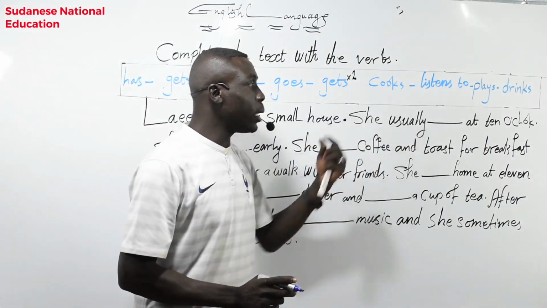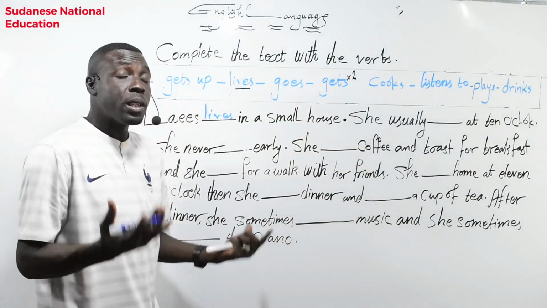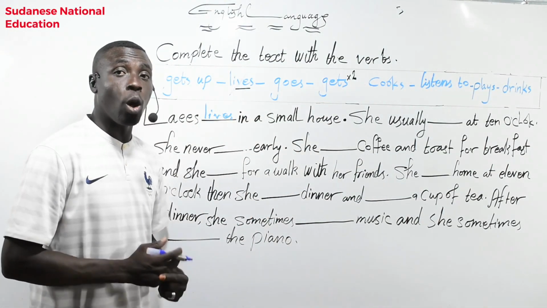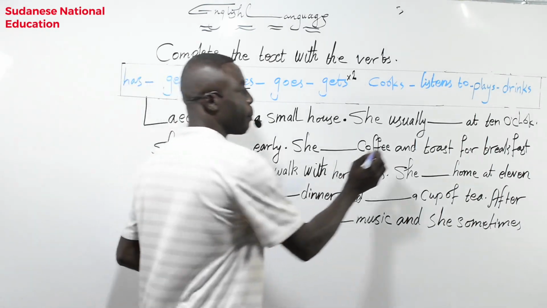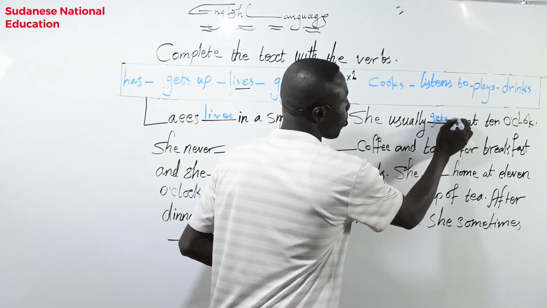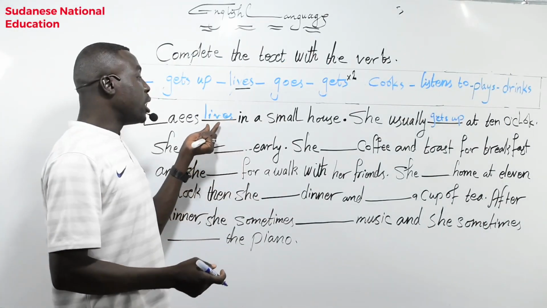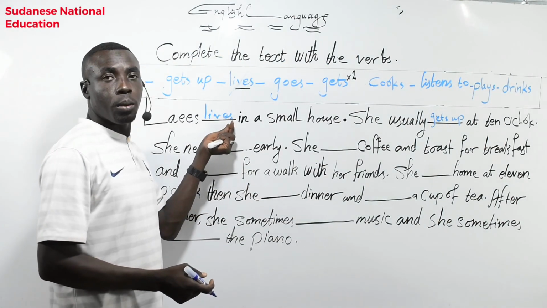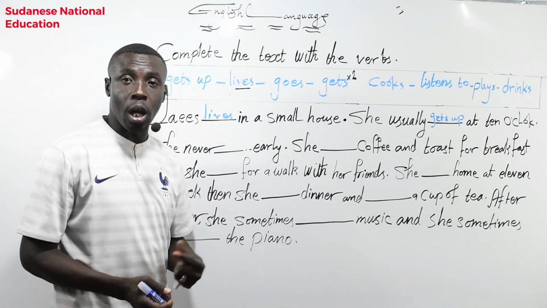She usually at 10 o'clock. What does Lemise do at 10 o'clock? Lemise gets up. Look at the verb: it ends in s because Lemise is a singular person, a singular noun.